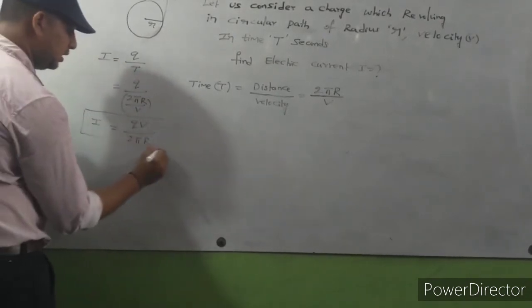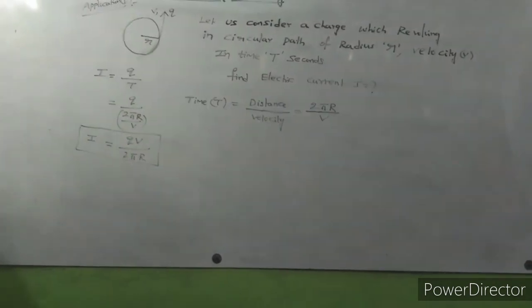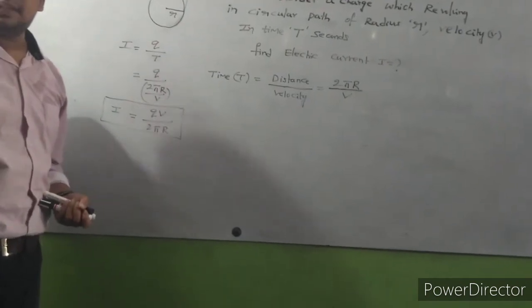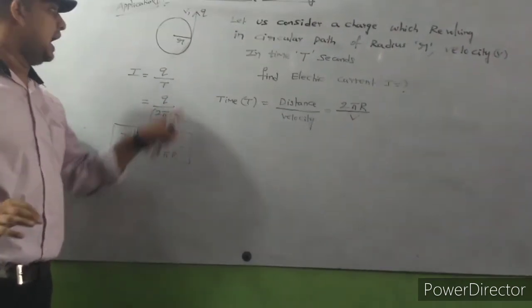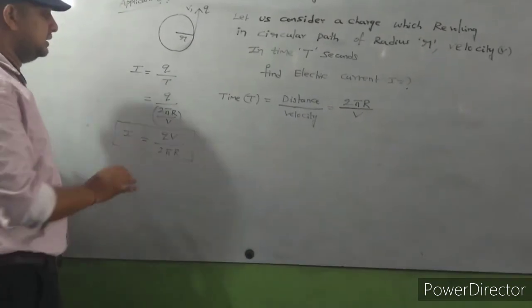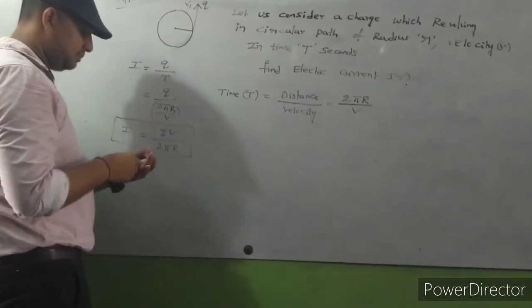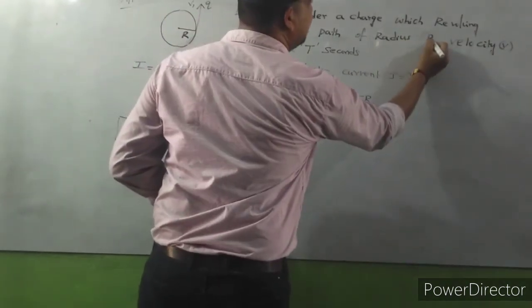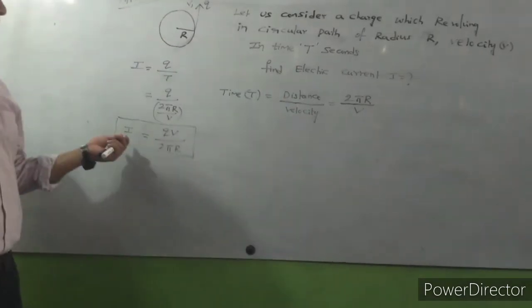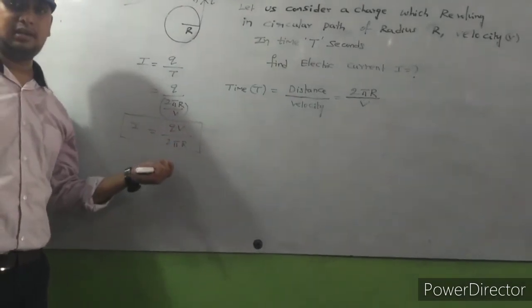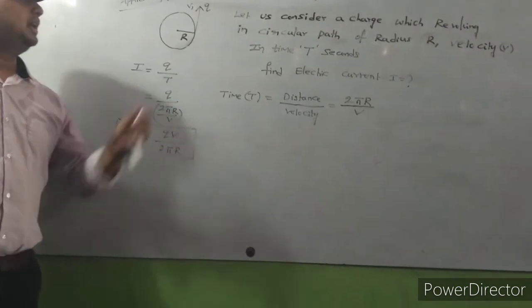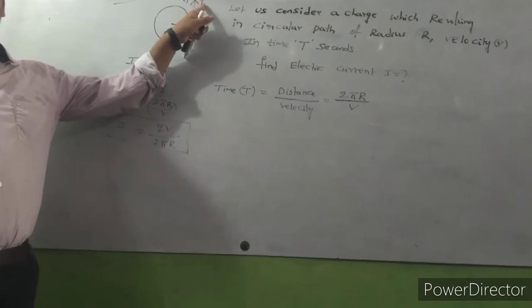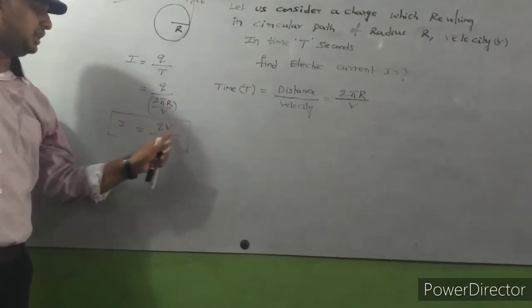If any charge moves in a circular path with velocity v, having a radius capital R, then the electric current formula is qv by 2 pi r.